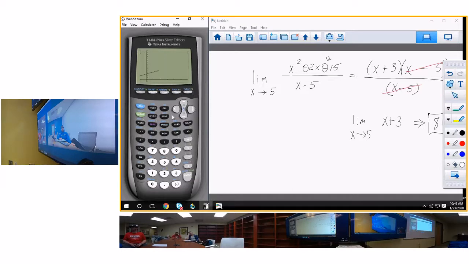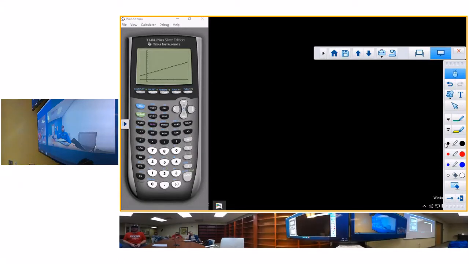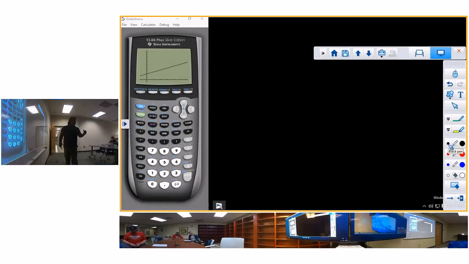There we go. So what do I need to put at 5? I can't put a vertical asymptote because it's a straight line. At 5, what does 5 give us? 5 gives us an undefined function, but we can't use a vertical asymptote because we're dealing with limits.